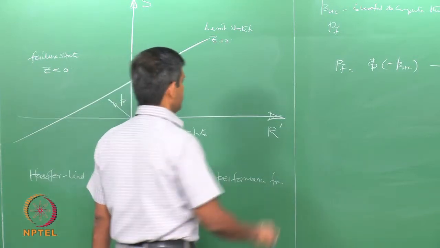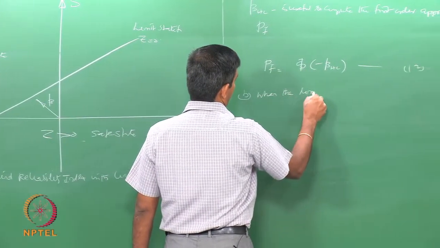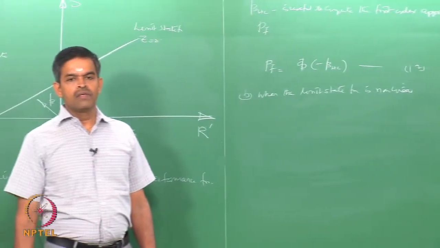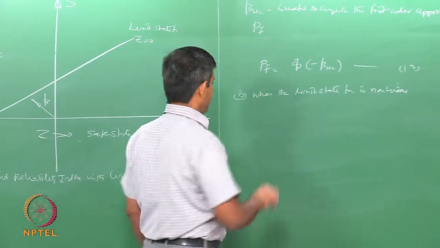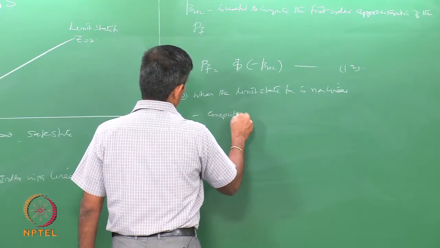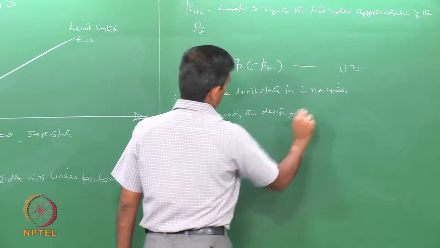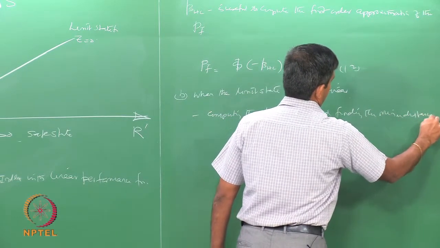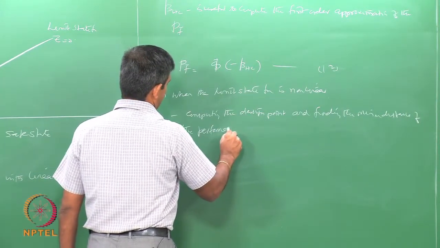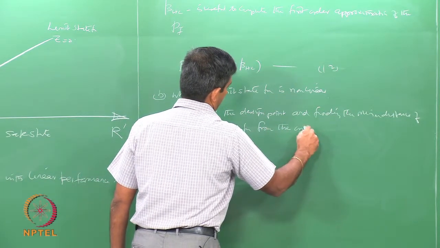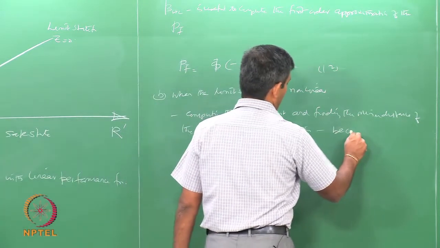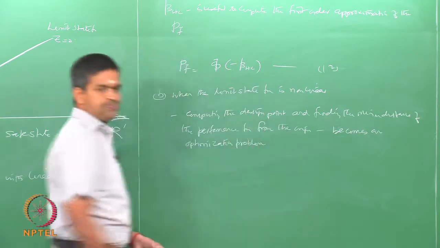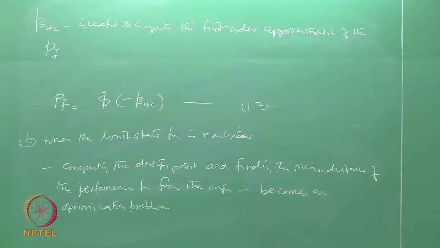Now, when the limit state function is non-linear, then locating or computing the design point and finding the minimum distance of the limit state function from the origin actually becomes an optimization problem. So, one has got to find d and minimize it.